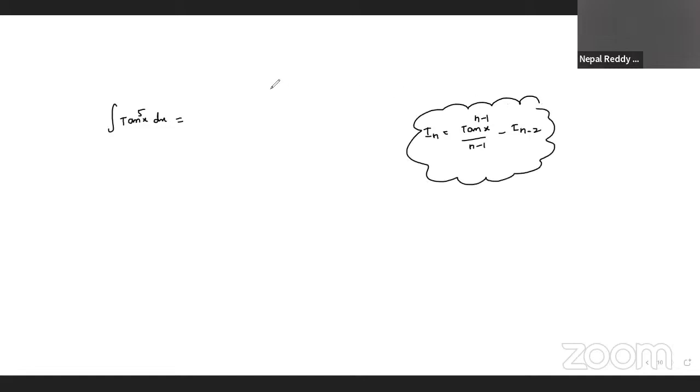See here, the value of n equal to 5. So if you substitute in this, then you will get first tan power 4 x divided by 4 minus I3.